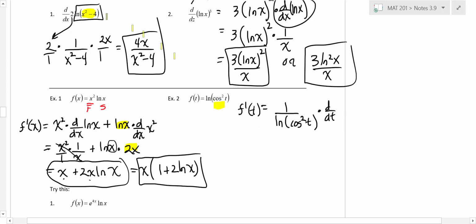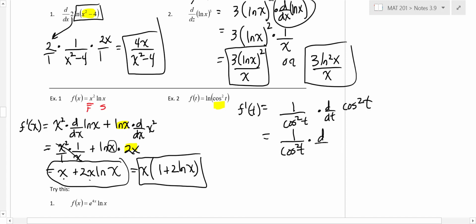Why did I put an L in there? It's 1 over the function. I don't know why I put an L in there. Okay, so it goes like this: 1 over the function, times the derivative of the function. And then we can finish this up. So that's 1 over cosine squared t. Now, when we do a derivative of a cosine squared, think of it this way.